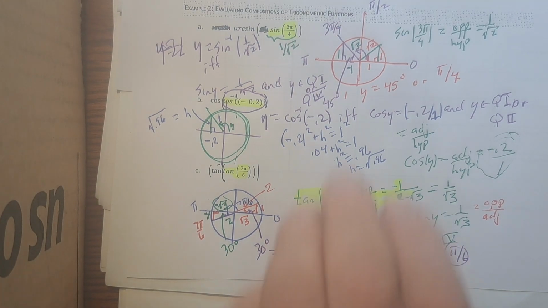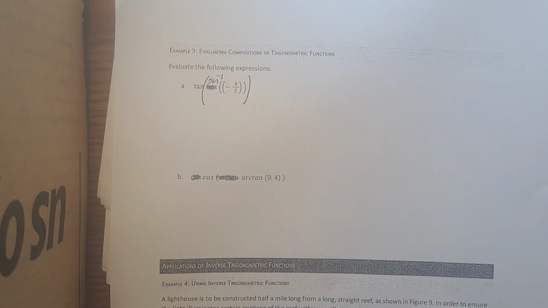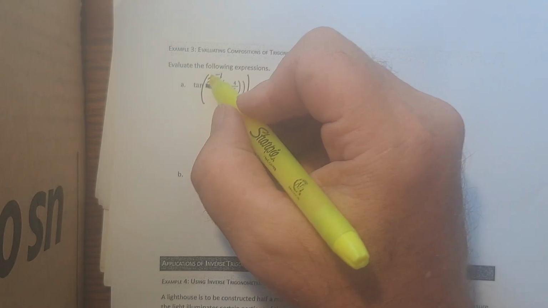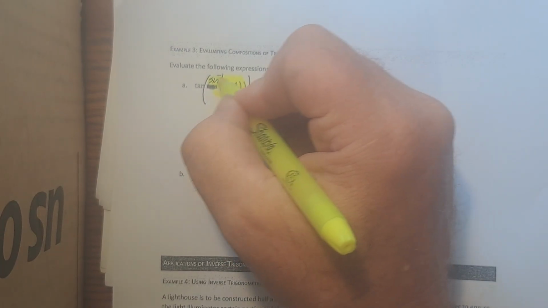All right, next example, let's keep going. So we have this composition again. And the way we do compositions is we evaluate the inside, then move to the outside. So here's where the inverse sine function is in this one.